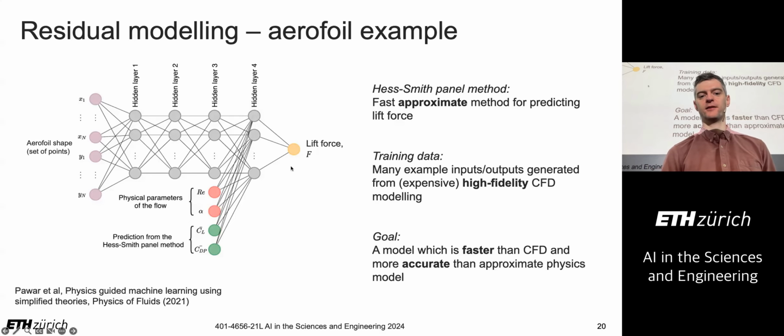And then you're going to try and train the neural network so that it matches the high fidelity data. So the goal is that after training, we have a model which is not only much faster than the CFD, but is more accurate than just the single approximate model that we have. And they train it with this residual loss function that I just showed you, this very simple mean squared error residual loss.